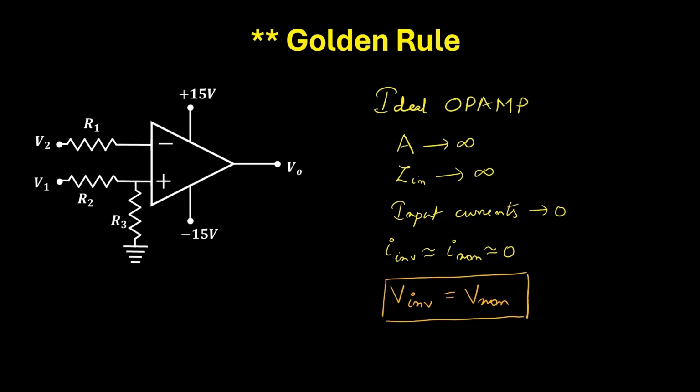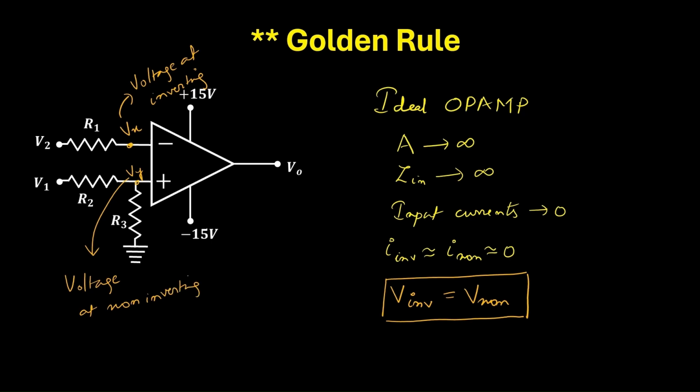Now if we come back to this circuit, I'll denote this as Vx. So Vx is the voltage at the inverting terminal, and this one I'll call Vy. So Vy is the voltage at the non-inverting terminal.